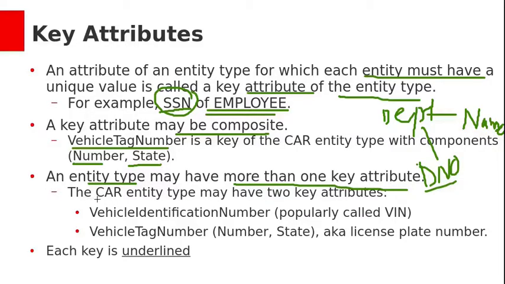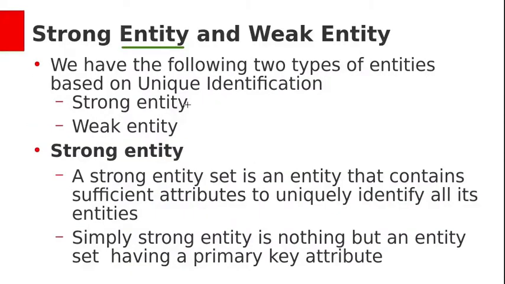If we take another example, car entity type, here vehicle identification number is also unique and vehicle tag number is also unique. Both can act as key attributes. In ER model, we will represent these key attributes with underline. We can divide entities into these two categories, strong entity and weak entity. Let's see strong entity.